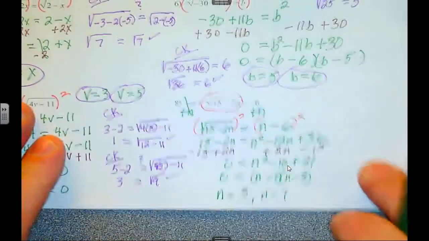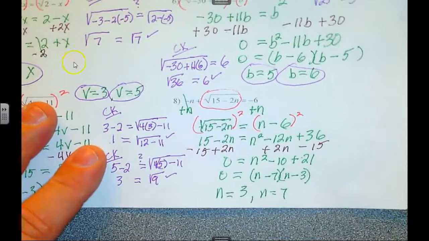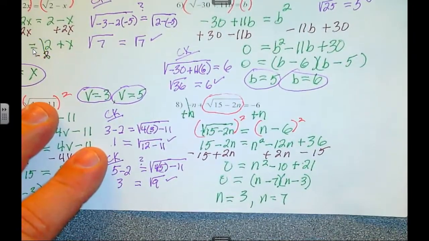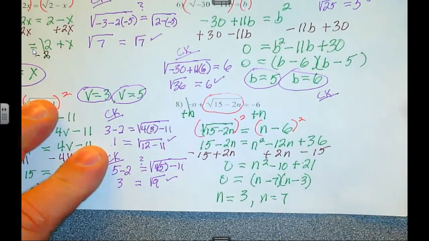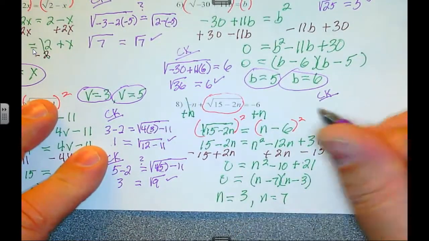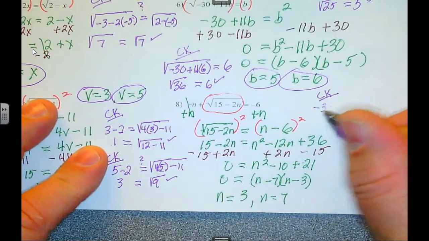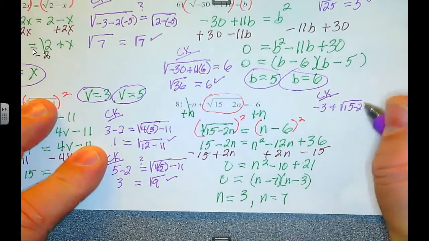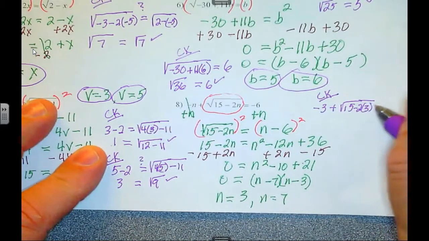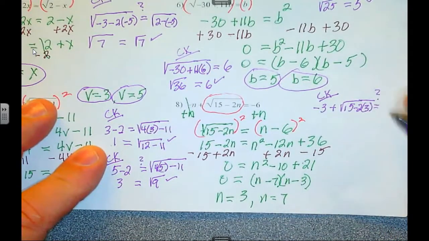So what do we have to do? That's right. Check. We'll check 3 first. Does negative 3 plus the square root of 15 minus 2 times 3 equal negative 6?